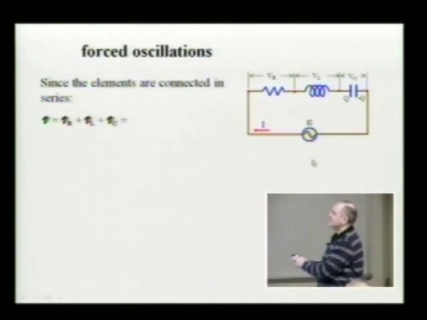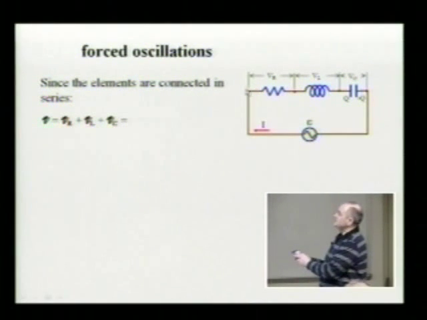I wrote here that the potential difference between this point and this point is equal to the potential difference across the resistor, plus the potential difference across the inductor, plus the potential difference across the capacitor.